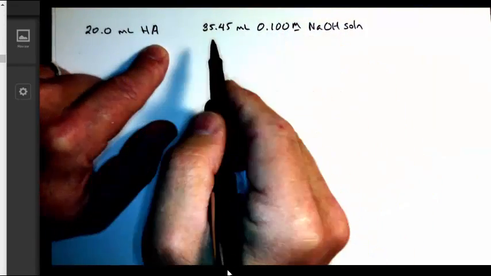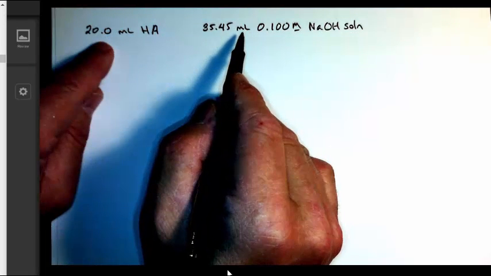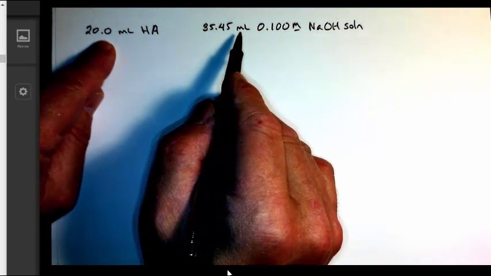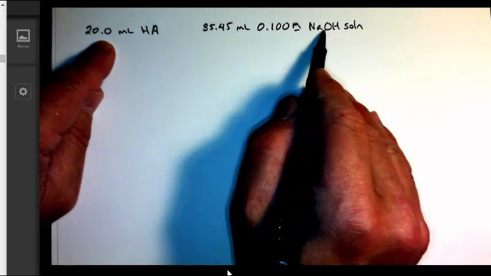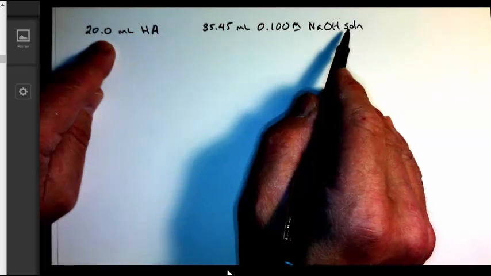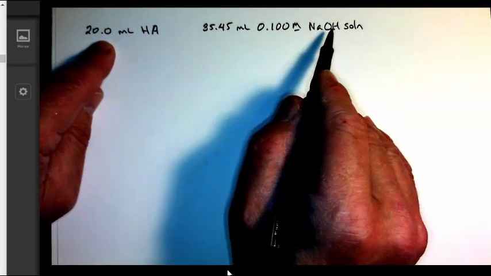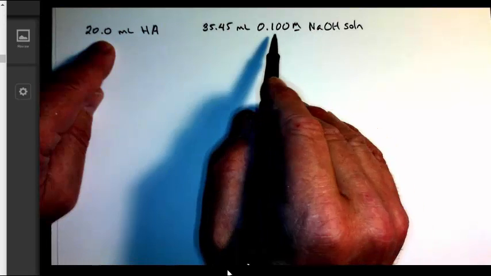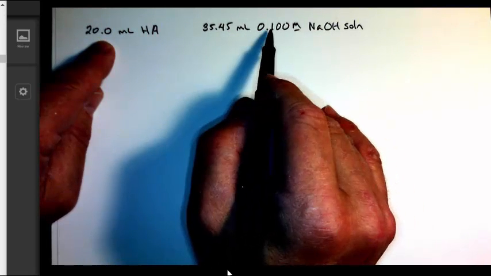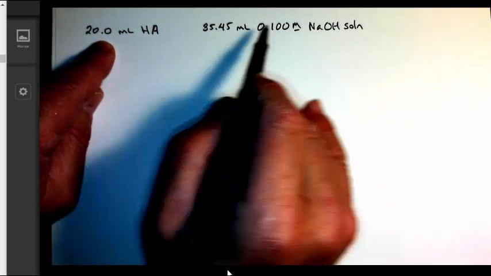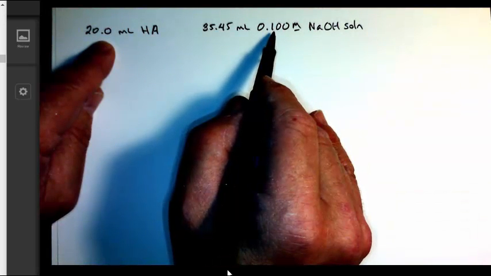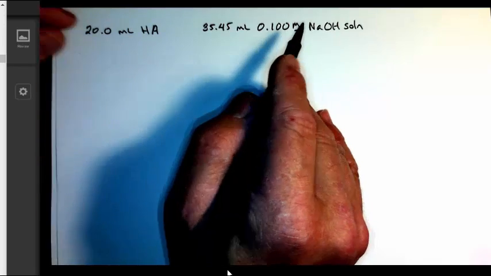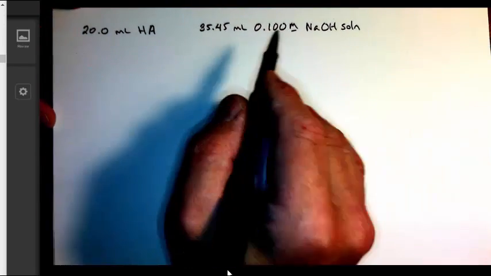You put in 35.45 milliliters to find the equivalence point when you were titrating this acid, and the concentration of this right here was the sodium hydroxide solution you were using to titrate with. This is called your known, or the titrant. If you have this concentration, and wait a minute, we can use that. That's fine. I meant 1 molar, but this is fine.